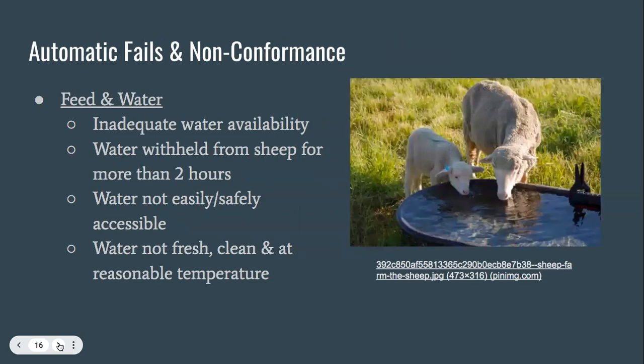As for automatic fails and non-conformance, for feed and water, inadequate water availability, if water is withheld from the sheep for more than 2 hours. Water needs to be available at all times. Water is not easily or safely accessible by the sheep. So this means if they can't reach the water safely to get a drink.